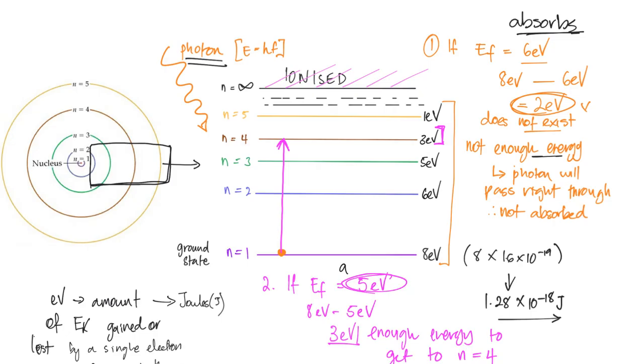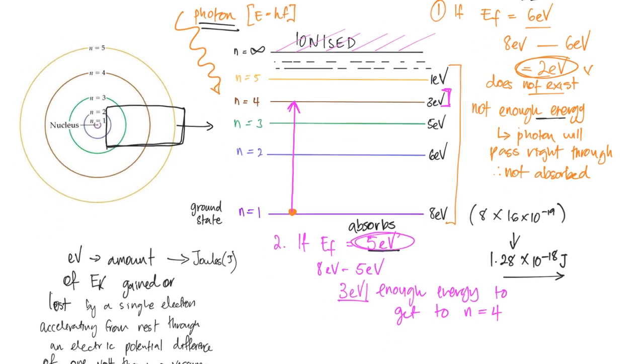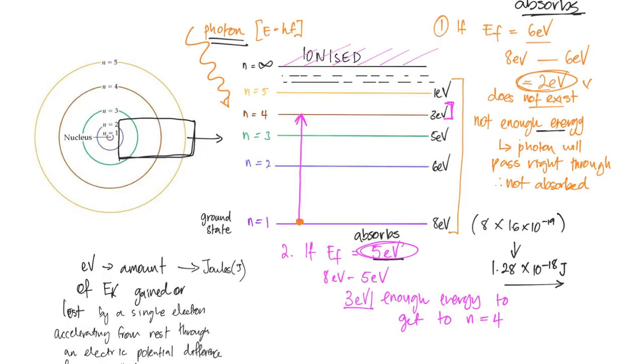If it absorbs 5 electron volts, it has enough energy to move up. Now let's say, for example, our electron is now up here on N4. There's our electron, up on N4.